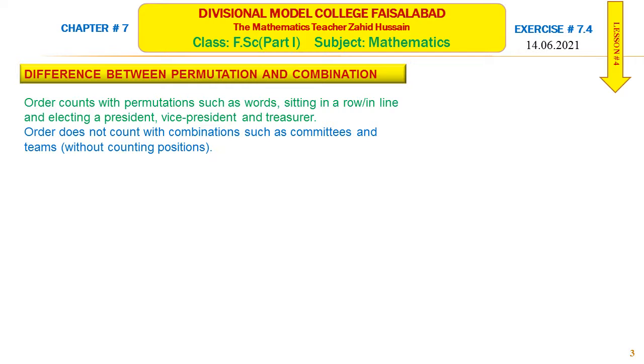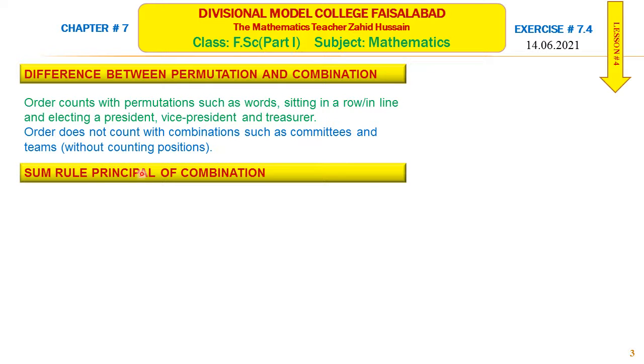If you are asked to find a number of committees or number of teams from a given number of objects, then it means you are asked to find the combination. Otherwise, if you are asked to arrange the objects in a row or line, or you are asked to select a president, a vice president, a treasurer, a monitor, etc., then you will solve the question by using the formula of permutation.